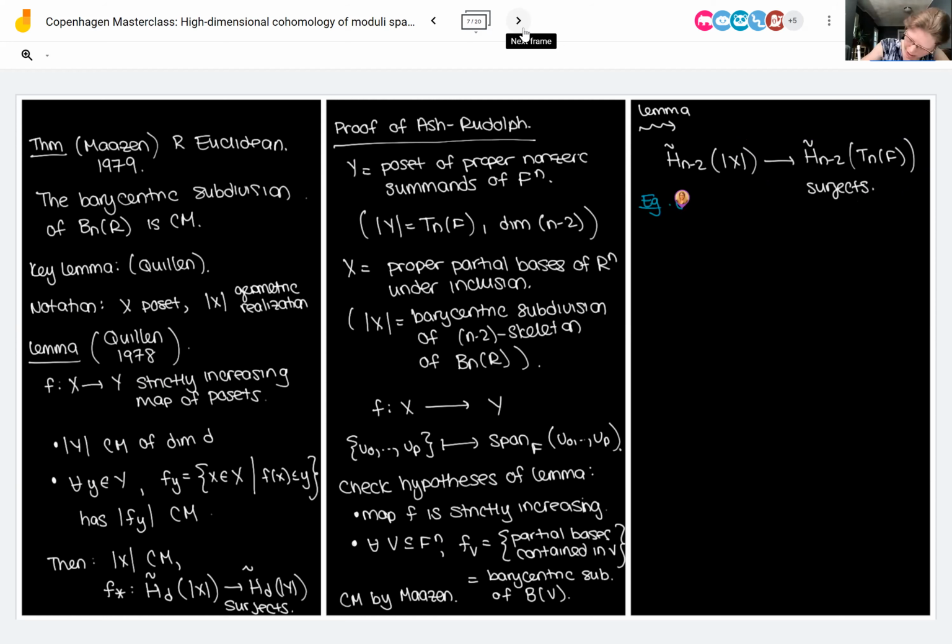Okay, so here's a picture in the case n equals 3.